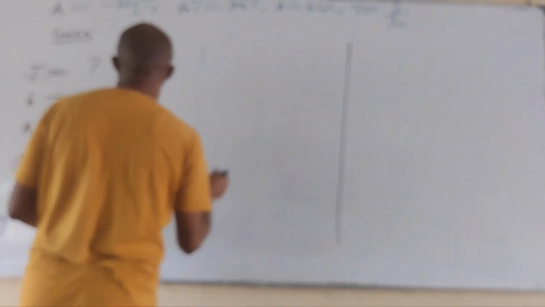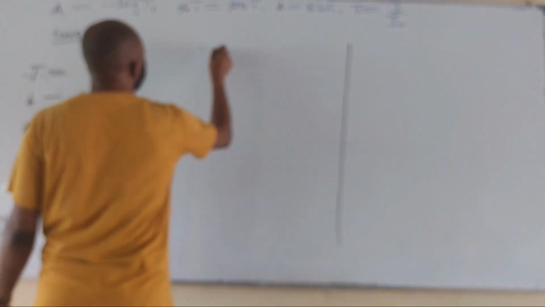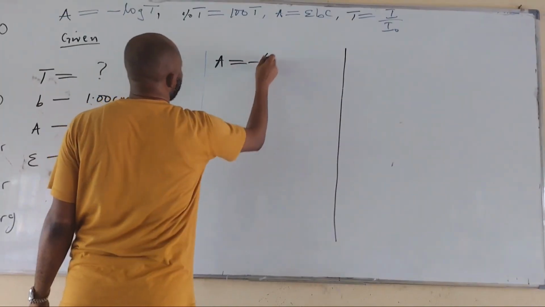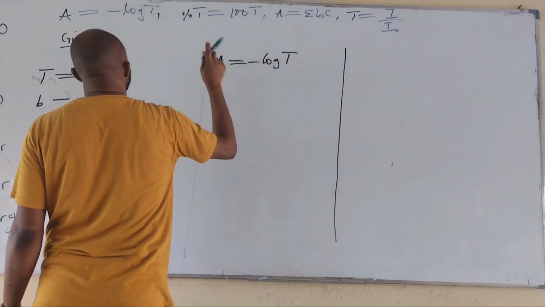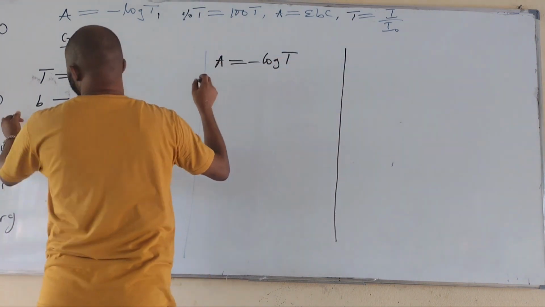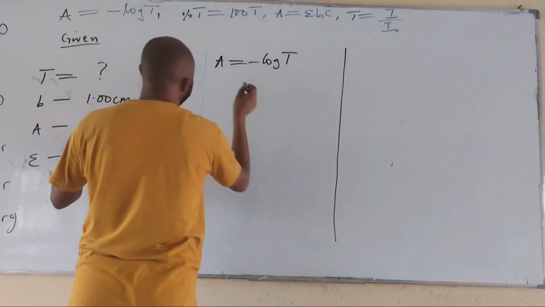So let's calculate our transmittance first. We say A is equals to minus log of T. And I have my absorbance here to be 0.398.